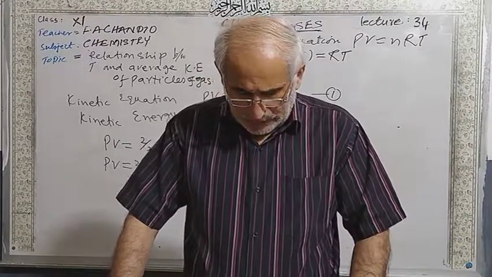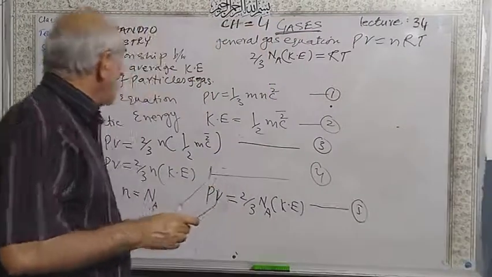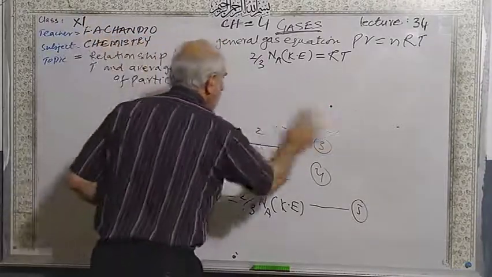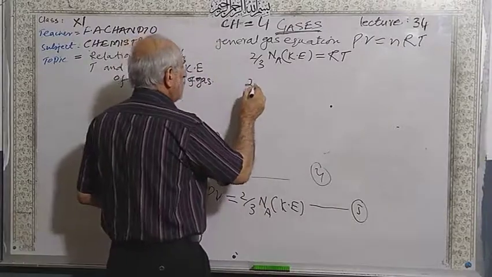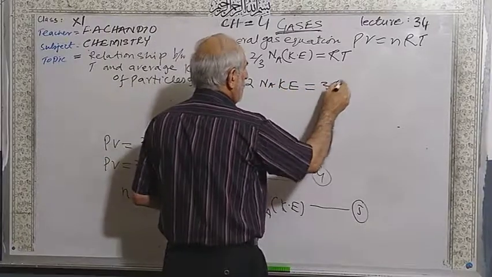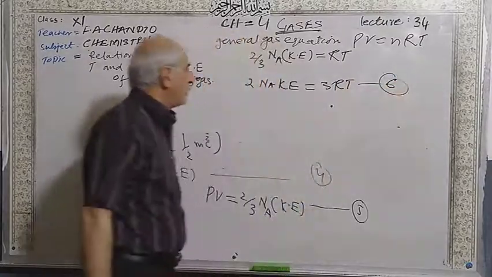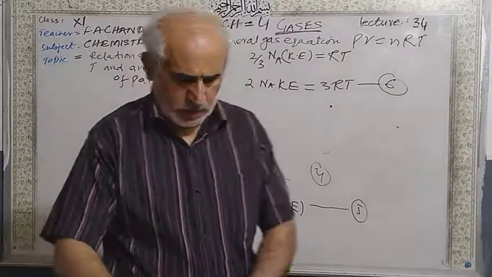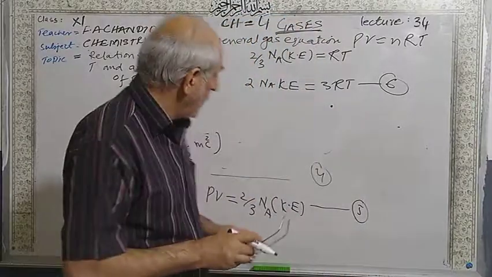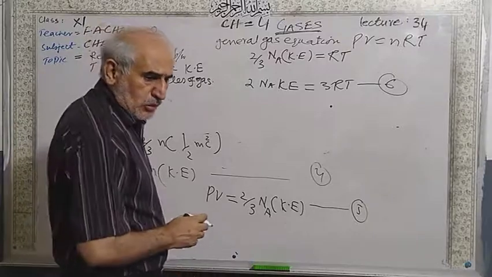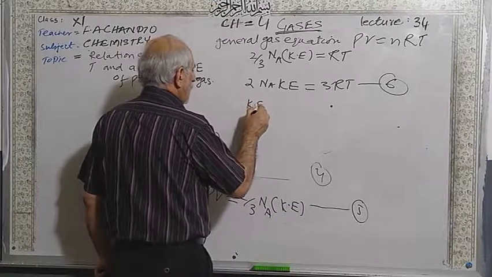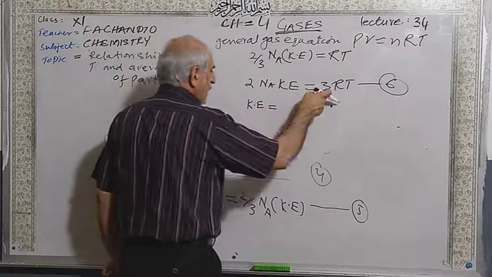So now if you rearrange this equation in this form, and take out the constants, then kinetic energy will be equal to 3 constant.